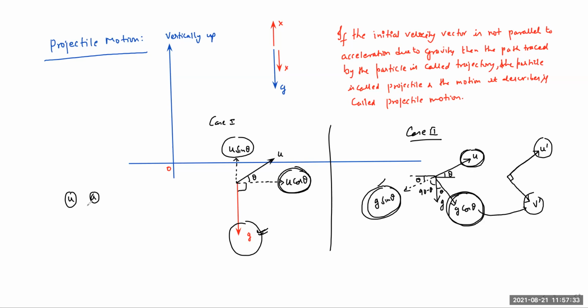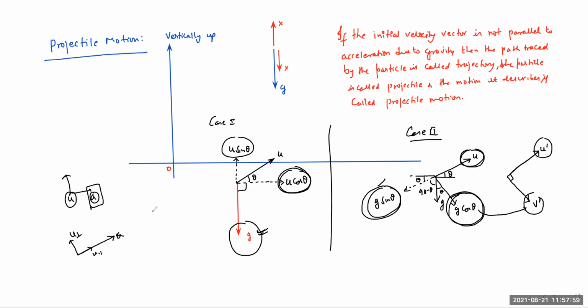So what we do is we do not alter a and we resolve u parallel to a and perpendicular to a. Whatever is the direction of a, don't disturb it, and then resolve u parallel to a and perpendicular to a. That's the first rule to solve questions.